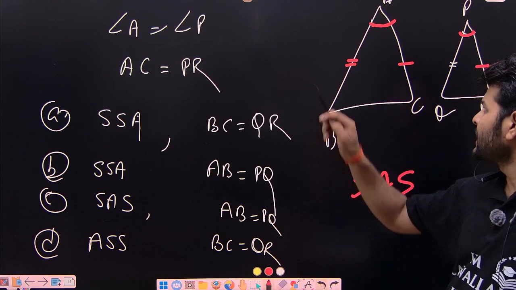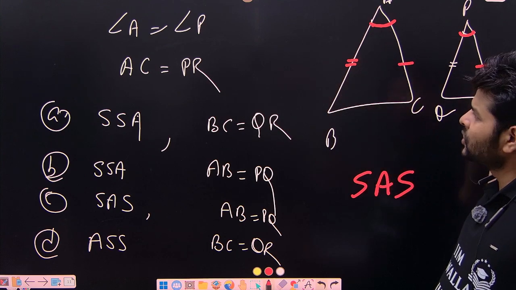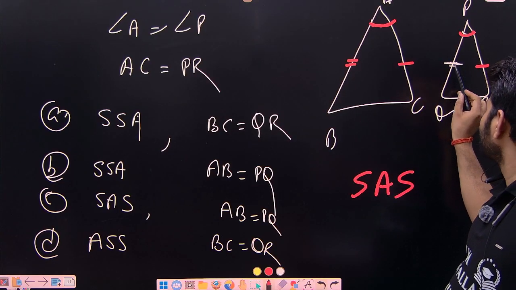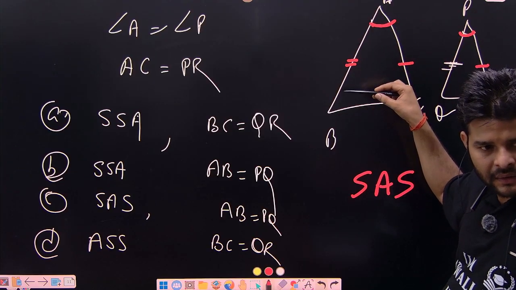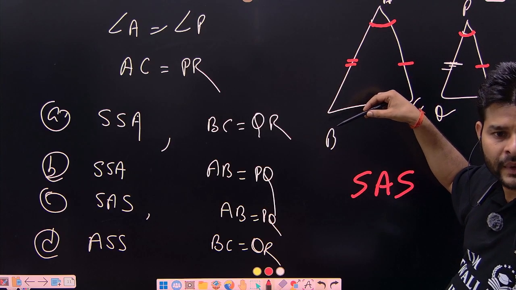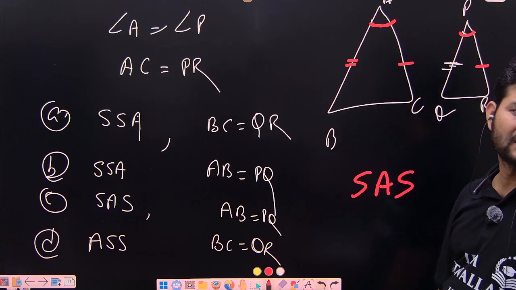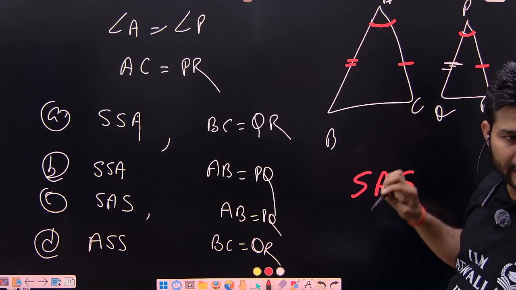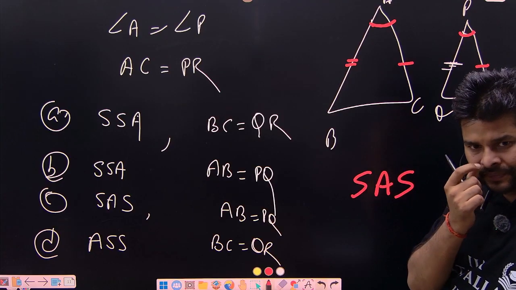So we have already given angle P is equal to angle A, and one side AC is equal to PR. That means the mandatory property must be PQ must be equal to AB. So if PQ is equal to AB, then according to the property SAS, these both the triangles would be congruent.